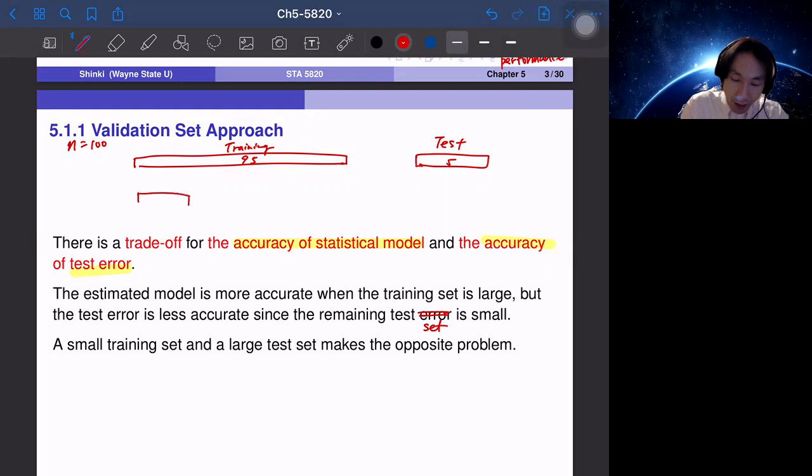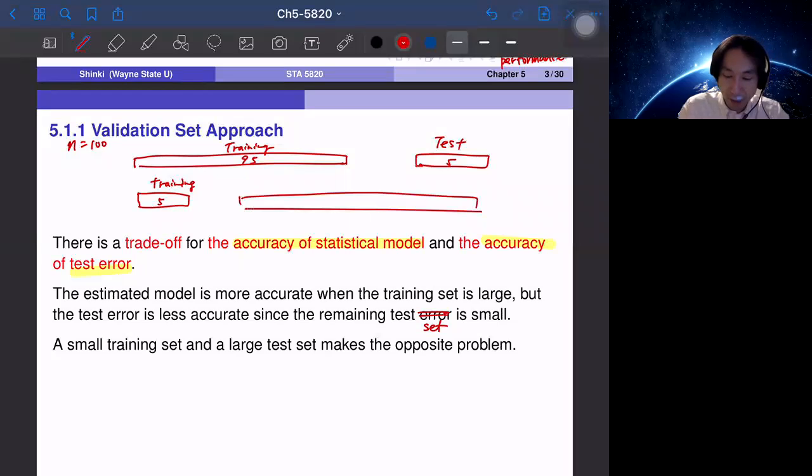Or if you only have 5 observations in the training set, you cannot estimate the model accurately. If you use 5 observations to estimate the regression line, the estimates are not reliable. Then we have a larger test set, so test performance can be evaluated more accurately, but the original estimates are not good. So it's almost nonsense, and either way it does not work well.